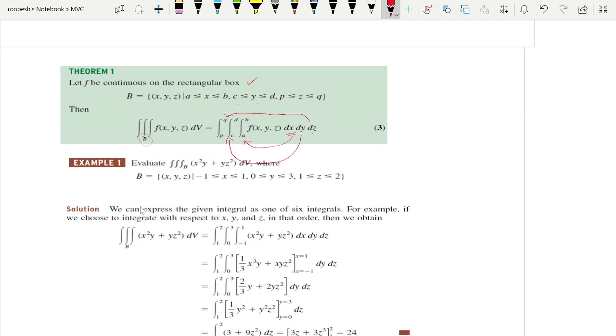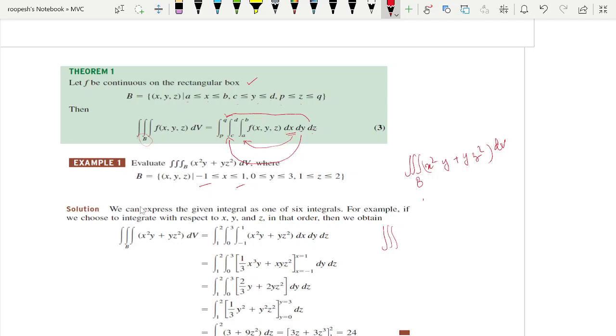So let us see one example here. Evaluate the triple integral over B of x square y plus y z square dV. So what we have to do? Each interval is given, so it is dV, and we should write it as an integral.